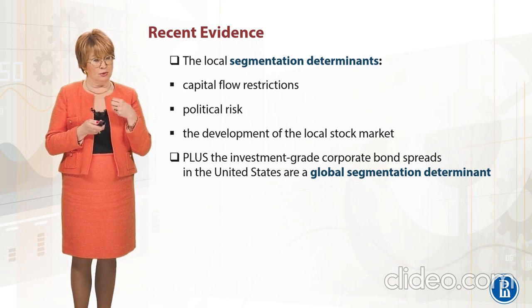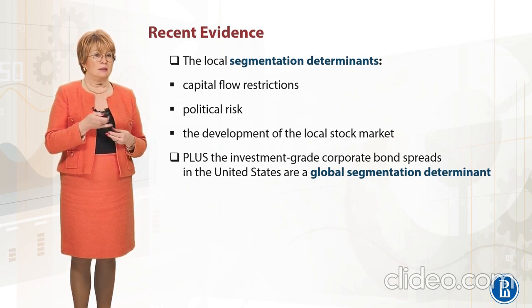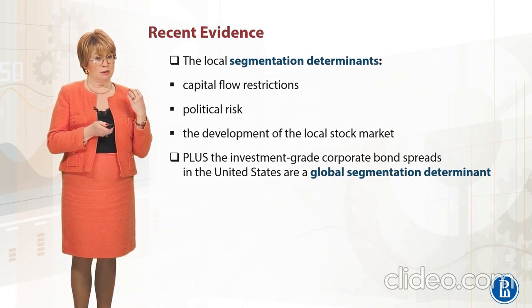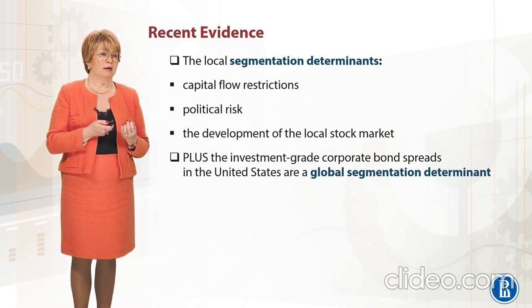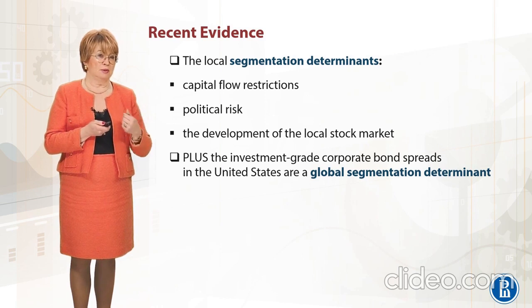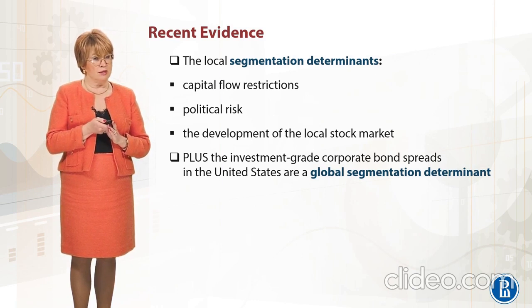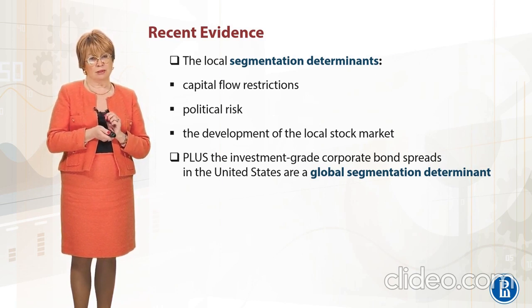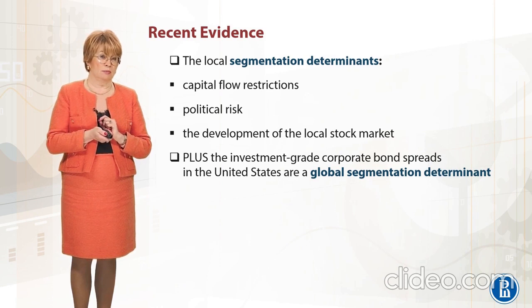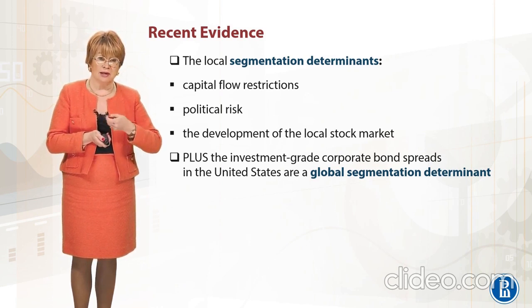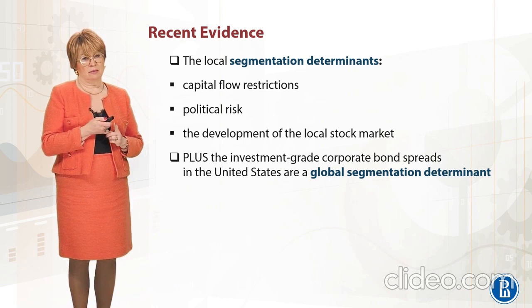Moreover, it's important to understand, last point on that slide, that the investment-grade corporate bond spread in the developed capital markets, in that slide represented by the market of the United States, is very different from the investment-grade corporate bond spread existing in the emerging capital markets, which are likely to be segmented.